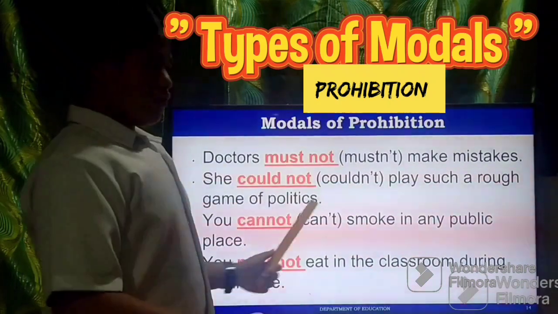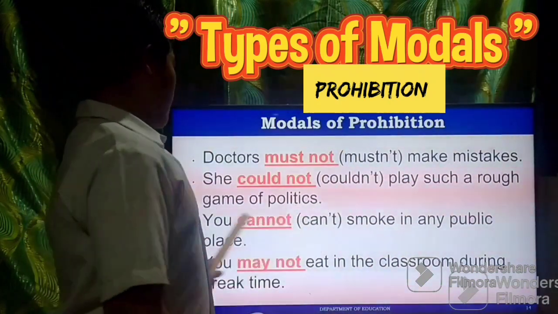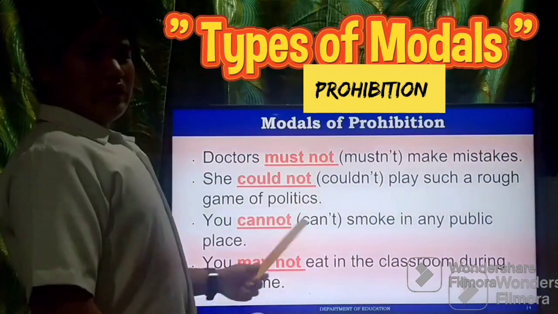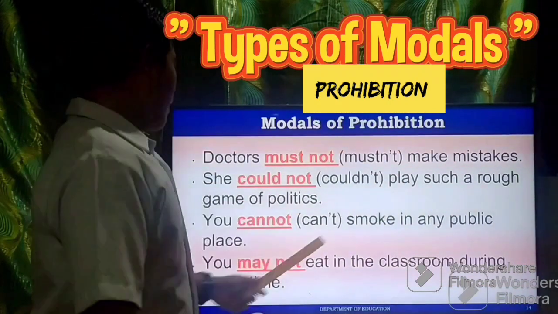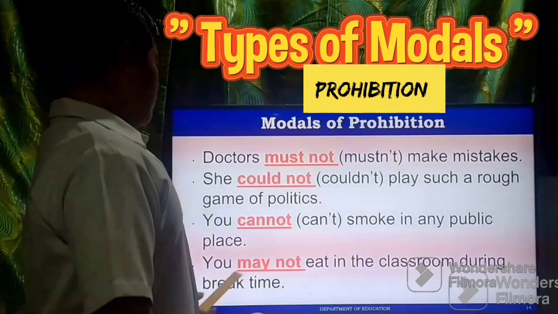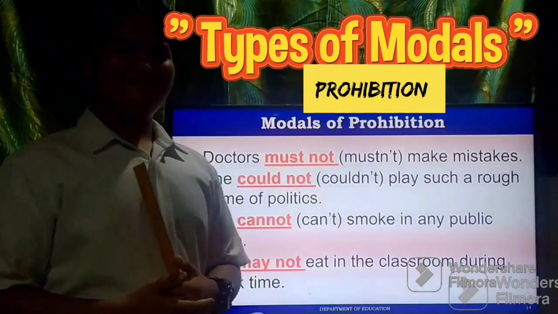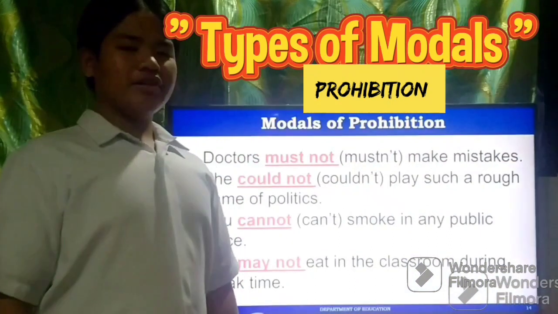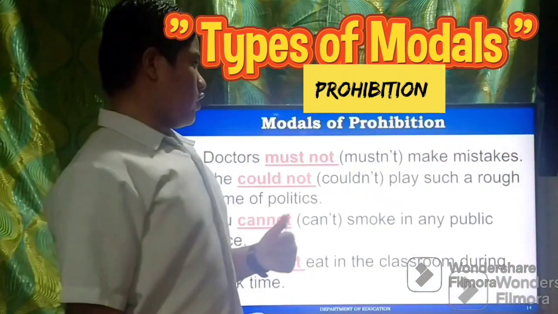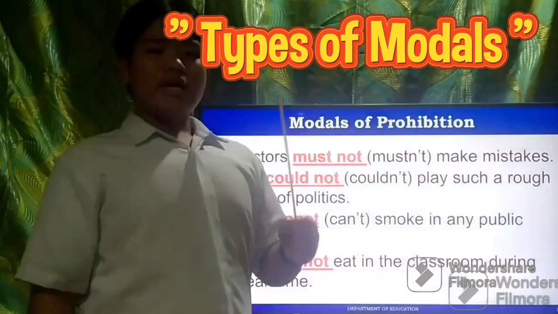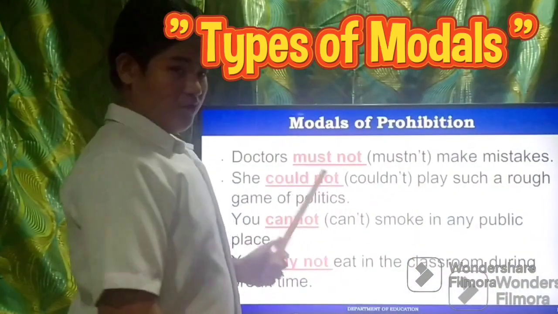She could not or couldn't play such a rough game of politics. You cannot or can't smoke in any public place. You may not eat in the classroom during break time.